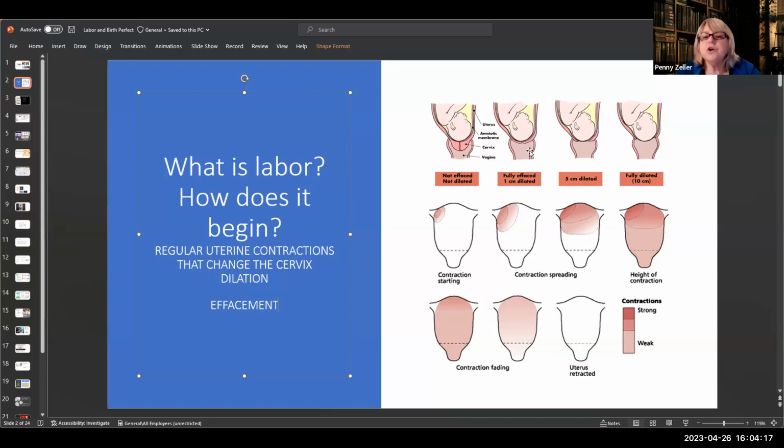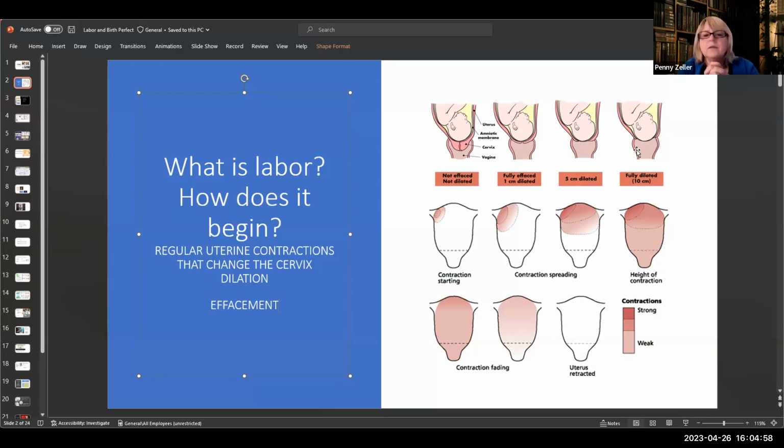The next picture shows that she is completely effaced. In other words, that cervix is completely thinned out so much that you don't really see it anymore. Then 1 centimeter dilated, and the next one shows that she's dilated now and thinned out. So this is what we call effacement and dilation. The last one shows that her cervix is completely effaced and completely dilated at 10 centimeters, so that when I do my vaginal exam with my 2 fingers, I'm not going to feel any cervix. It's completely shrunk up.